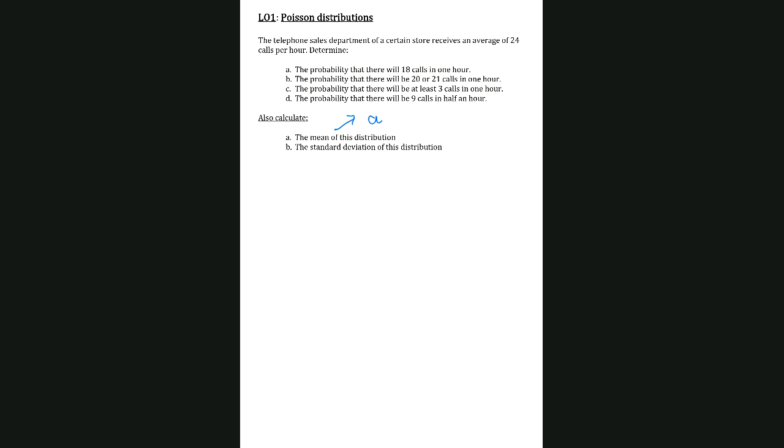So whenever it comes to a Poisson distribution, you don't actually have to work out anything for the mean. It will be given to you because your average, which is the mean, will be provided to you. So your average is 24. And then your standard deviation is calculated by the square root of your average. So the square root of 24 in this case, which is 4.90.